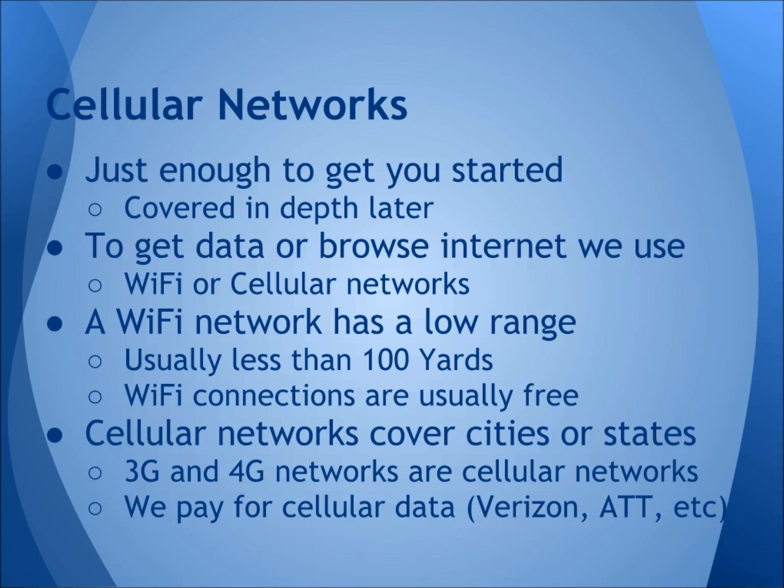Many phones will also have Wi-Fi, but they will have cellular networks, which cover broad areas, say an entire city or even an entire state, and you go to a company like Verizon or AT&T or T-Mobile and you pay to get on their cellular networks.